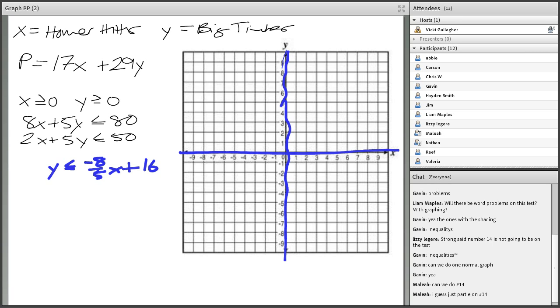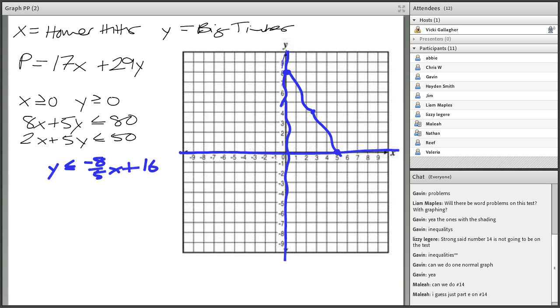That one starts at 16. We're going to pretend we're counting by twos, guys. So we go down 8 and over 5, which is here.